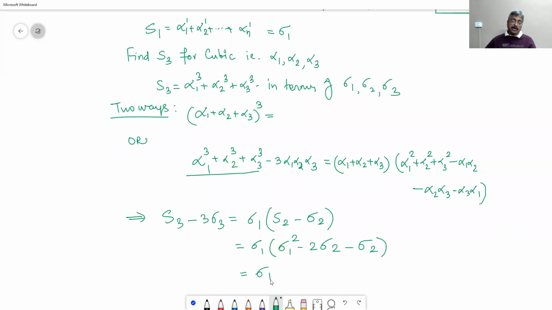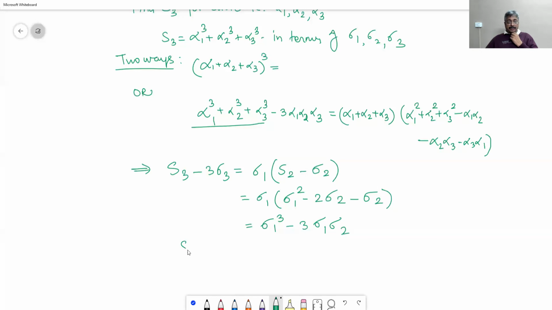That makes it sigma 1 cube minus 3 sigma 1 sigma 2, which makes S3 equal to sigma 1 cube minus 3 sigma 1 sigma 2 plus 3 sigma 3.